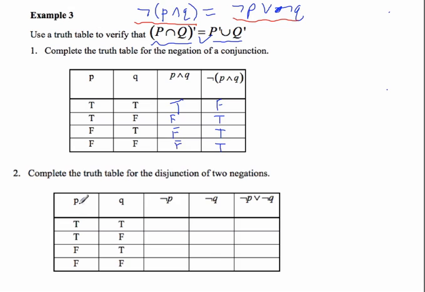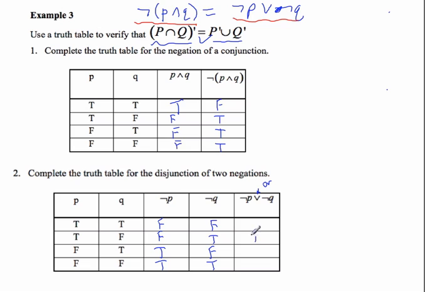So here we have the P values, and then we're going to look at not P. It's just the opposite of these values: false, false, true, true. And for not Q, we're going to have false, true, false, true, just the opposite of these values here. Remember this means inclusive or. It's true if one of these two statements is true.